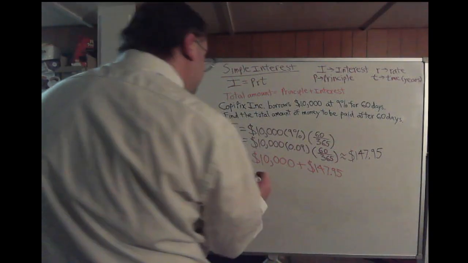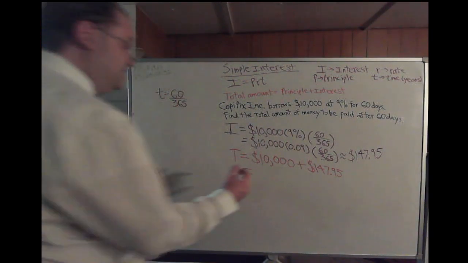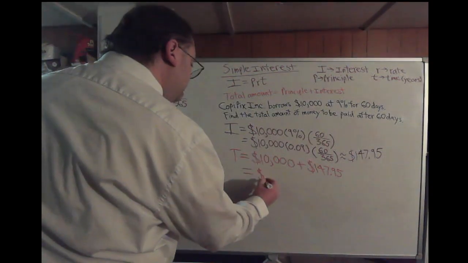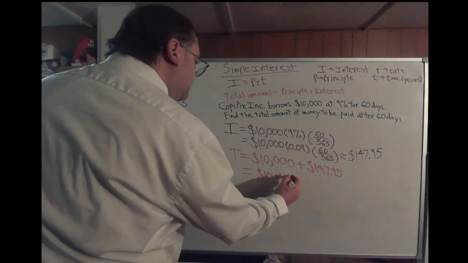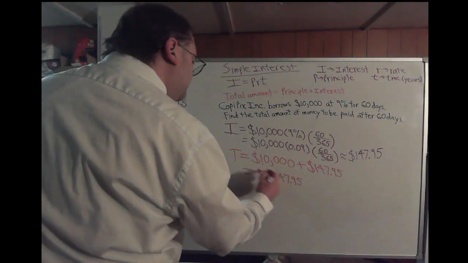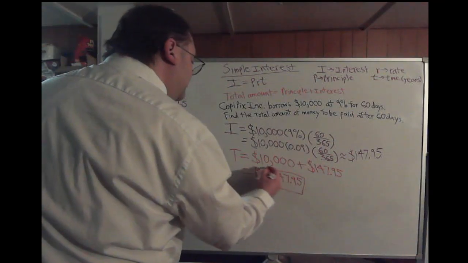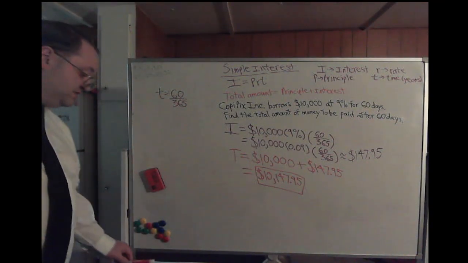So it looks like my total cost, if I add it up, is $10,147.95. That's what I would end up owing the loan company after 60 days.